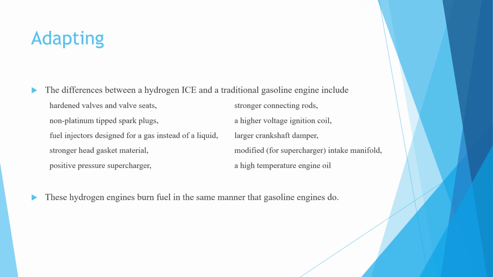The basic difference between a hydrogen internal combustion engine and a traditional gasoline engine includes hardened valve and valve seat, stronger connecting rods, non-platinum tipped spark plug, a higher voltage ignition coil, fuel injectors designed for a gas instead of the liquid, larger crankshaft damper, stronger head gasket material, modified intake manifold, positive pressure supercharger, and a high temperature engine oil.